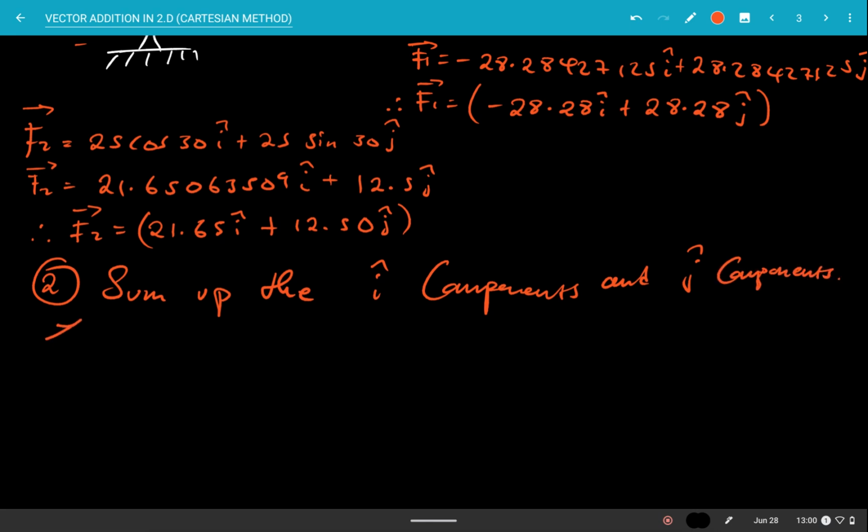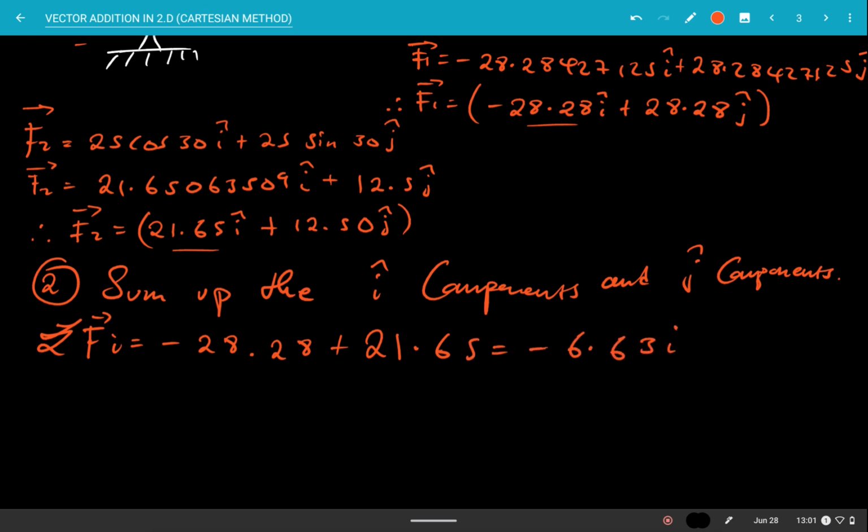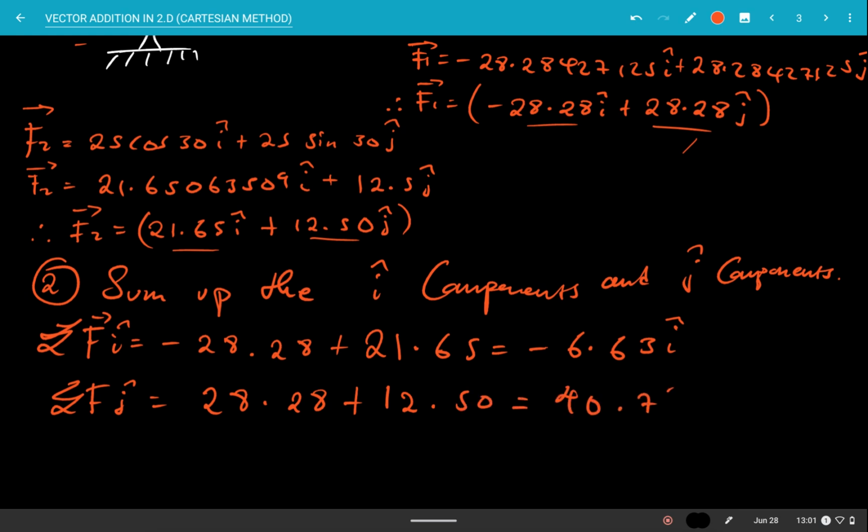If I sum up the forces in the I, it will be minus 28.28 plus 21.65, and this will give me minus 6.63 in the I. Then I'll sum up the forces in the J. This will be 28.28 plus 12.50, and I'll be getting 40.78 in the J.